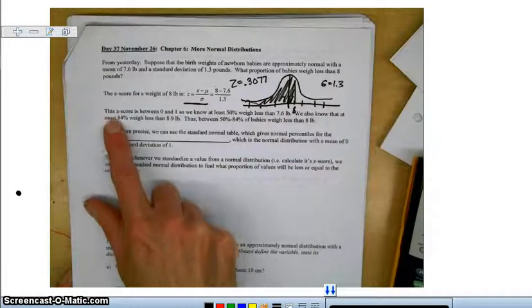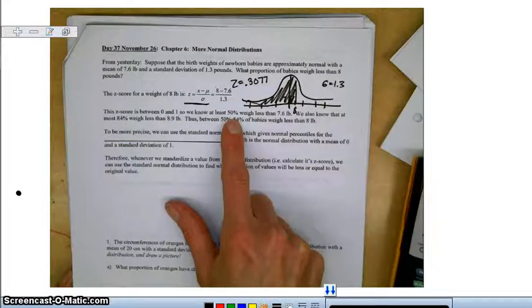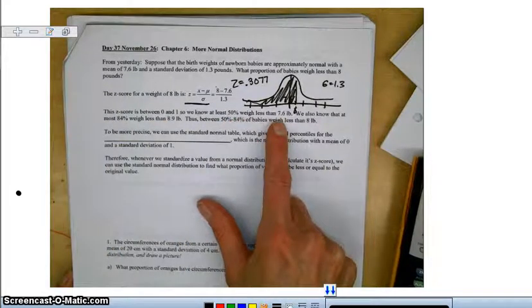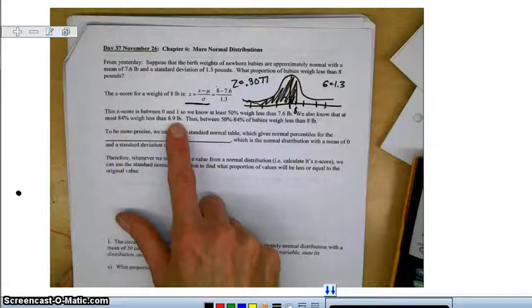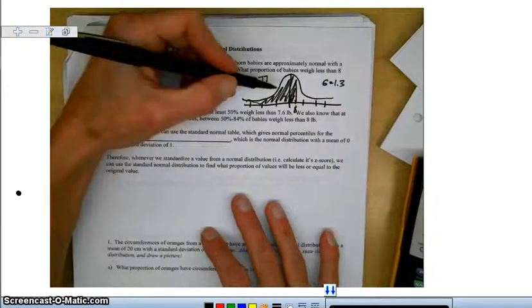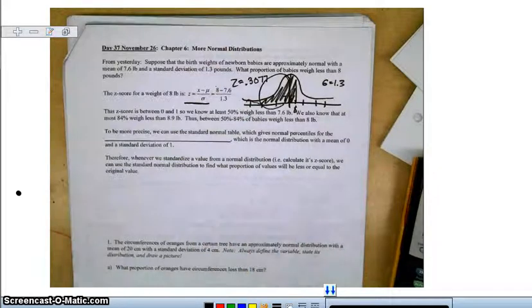And a little further, this z-score is between 0 and 1, so we know at least 50% weigh less than 7.6 pounds. We also know that 84% weigh at least 8.9 pounds. That's what we talked about yesterday, that everything below the mean consists of 50% of the data.